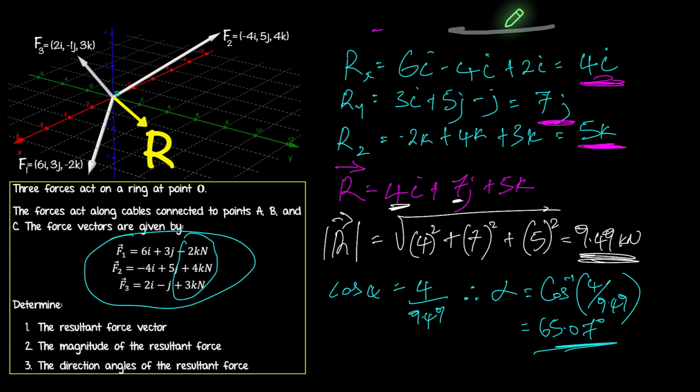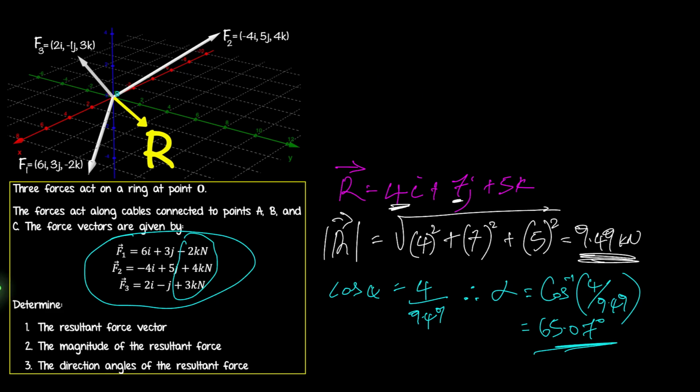I'm just going to make some space up top to do the rest of the calculations. So the next angle, that's cos beta, so that's in relation to the y-axis. So we have 7 for the y component. So that will be 7 over, once again, the value that we calculated for the magnitude, which is 9.49.